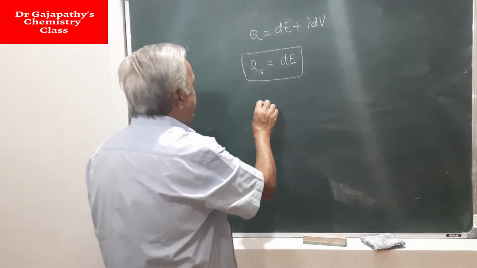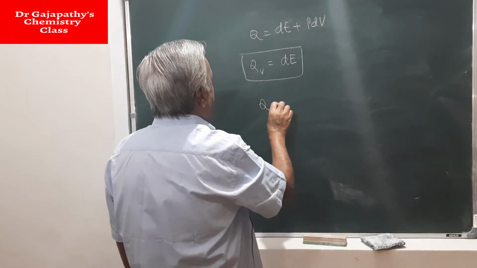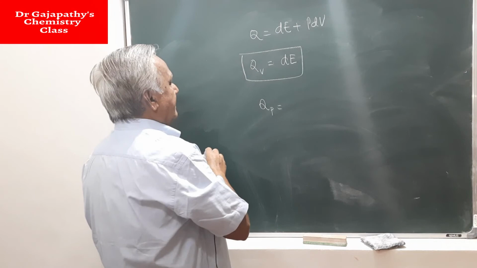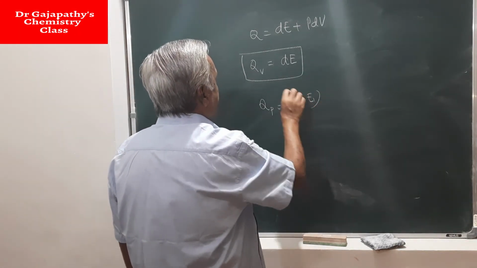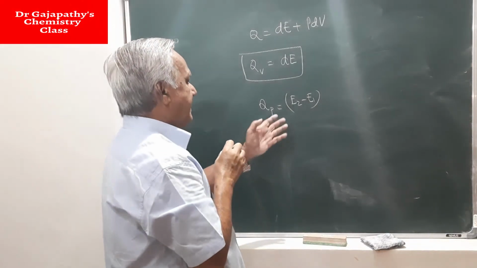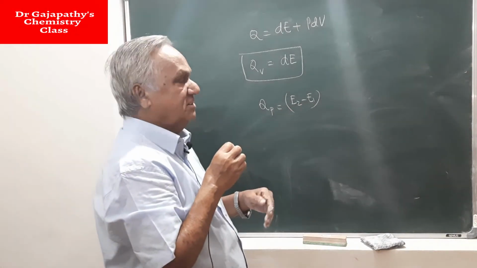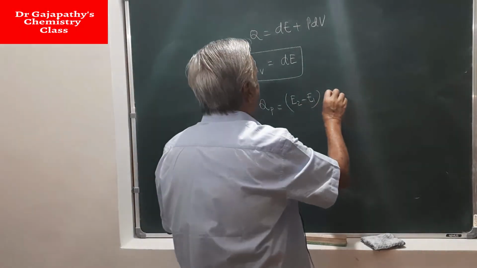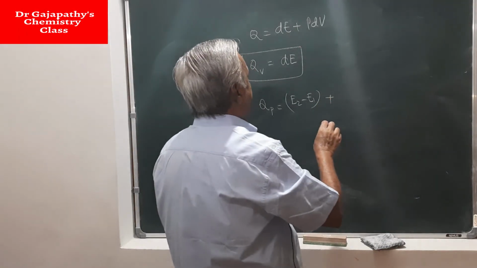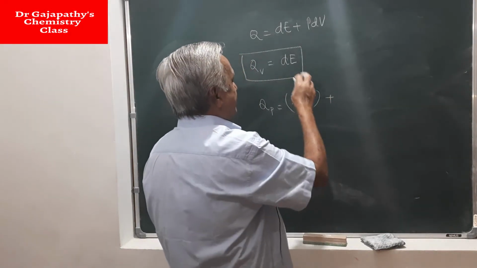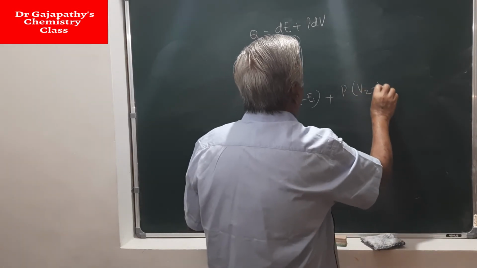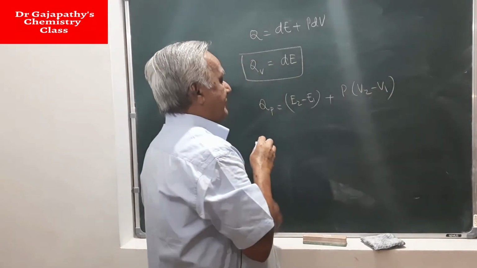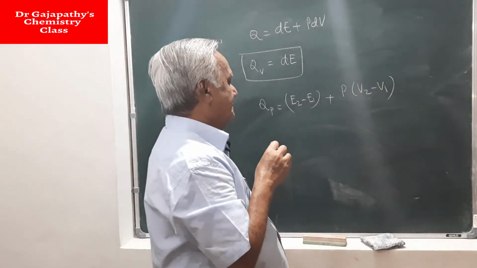And what will be QP? dE is E2 minus E1. E2 is the energy in the final state, E1 is the energy in the initial state, plus, it is a constant pressure process, so P into V2 minus V1, final volume minus initial volume.